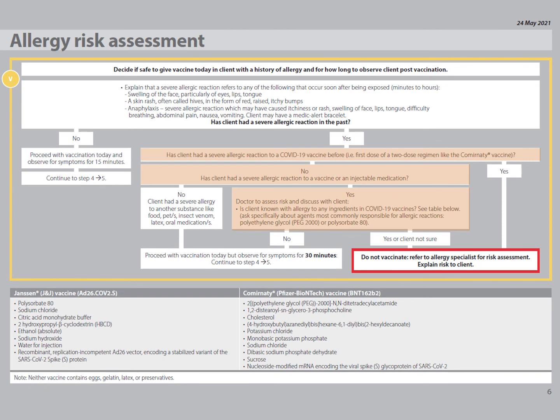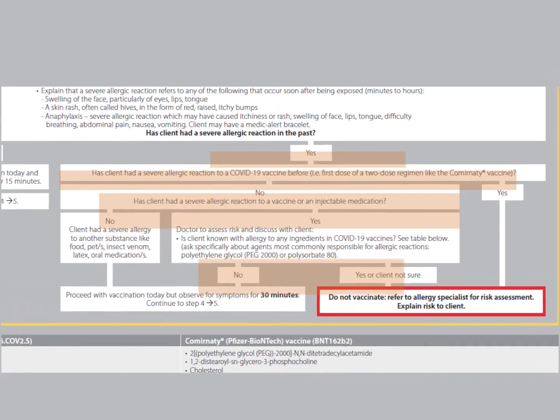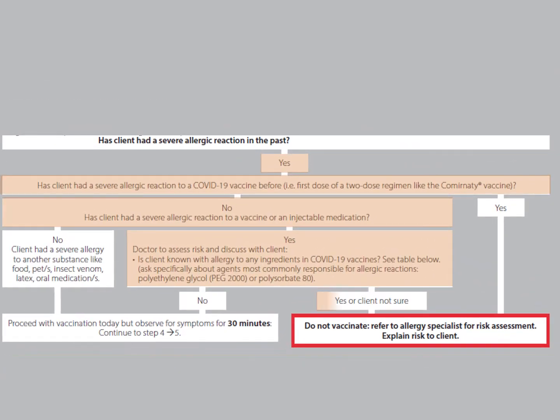There is a prompt to ask specifically about the agents most commonly responsible for allergic reactions, polysorbate or PEG. If yes, or the client is unsure, you should not vaccinate today, but rather refer. If no, vaccination can proceed with a longer observation time period.